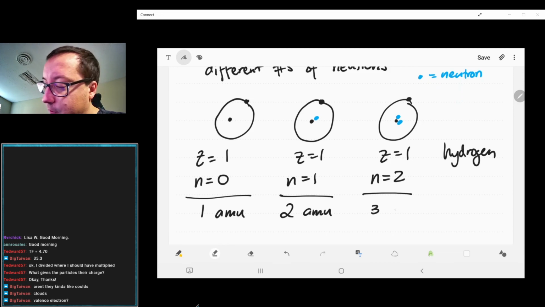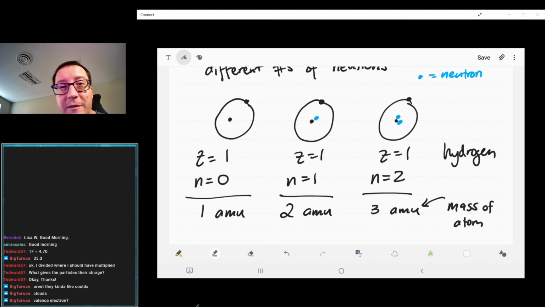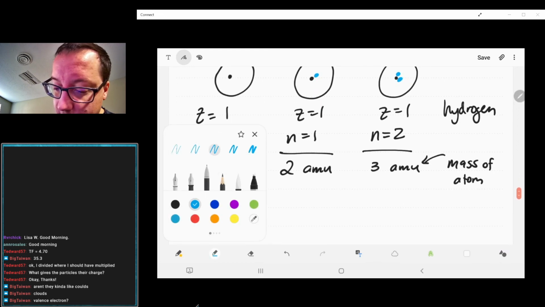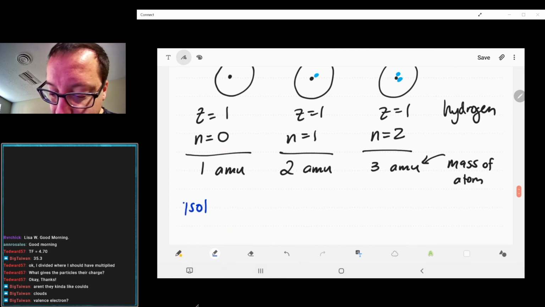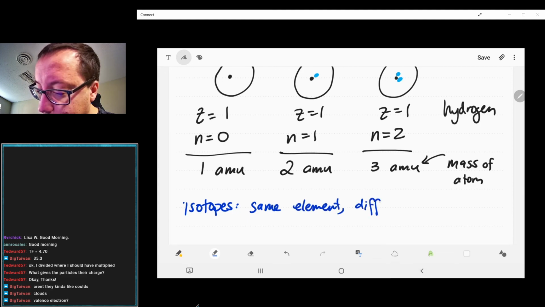And this one will have 3 atomic mass units. So even though these are all hydrogen atoms, they have different masses. And we have a term for this. We're going to say that these are called isotopes, where it's the same element but different mass.